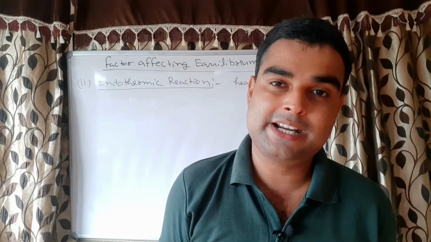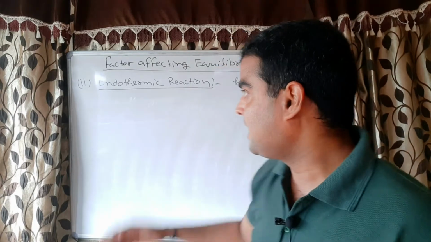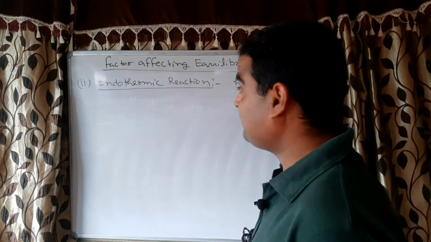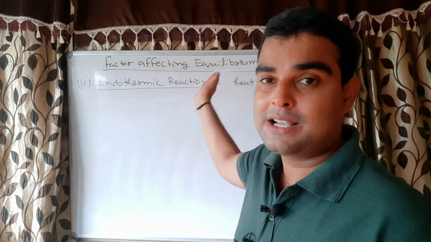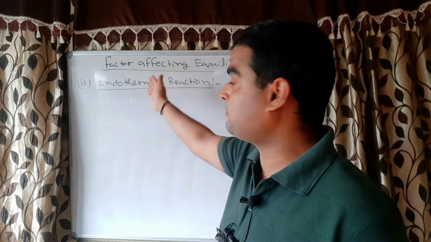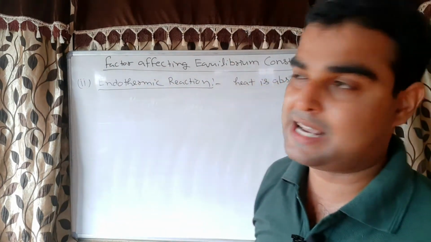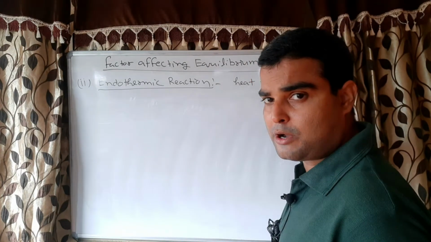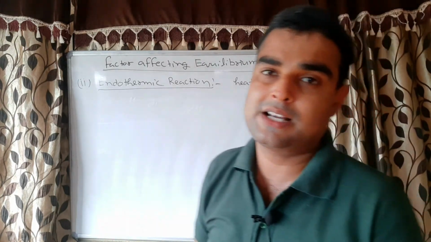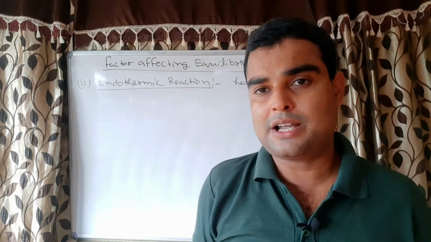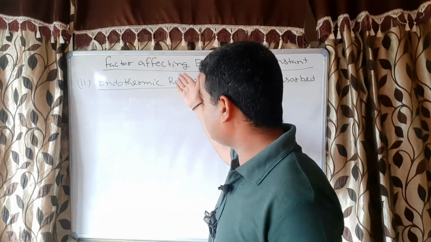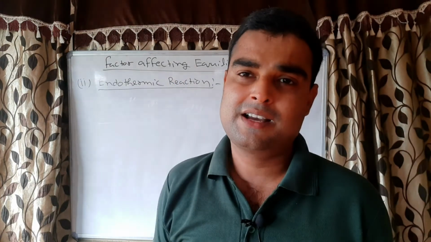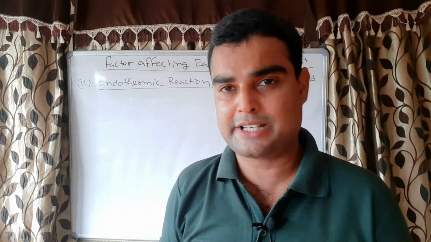And absorbing the heat is endothermic, and reaction is also endothermic, correct? It means Le Chatelier principle is supporting the endothermic reaction, because as per the Le Chatelier principle, heat should be absorbed, then only the reaction can undo the effect, and reaction itself is endothermic. It means it will favor the reaction, so rate of reaction will increase.